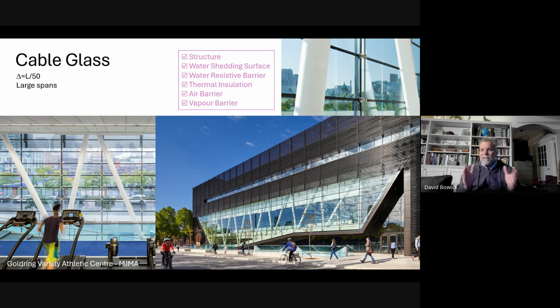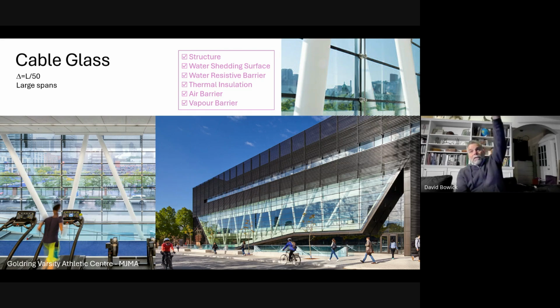It's just that there's nothing in that space. It's just deflection room for the cable when the wind blows, for the cable to move out of plane. But you can see the impact is you don't have a big mullion in front of it.